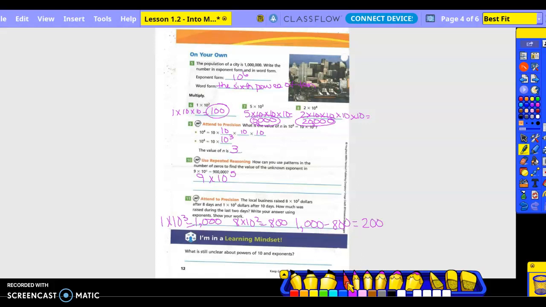And then how do I write that in exponential form? So that equals 2 times 10 to the how many zeros do I have? Second power, because I have 2 zeros, right? So 2 times 10 to the second power, and then what is my label? Dollars.